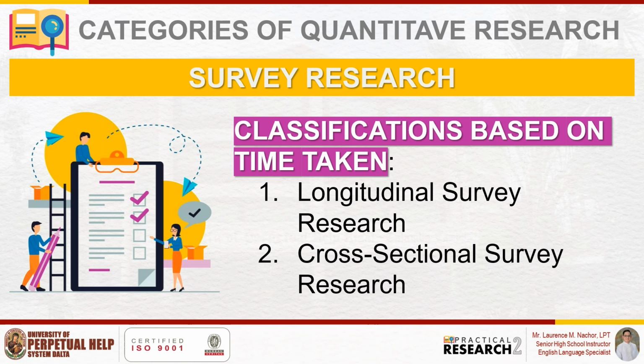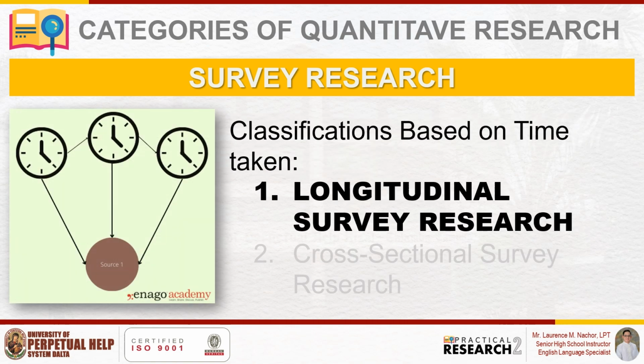So this time, let's come to the 2 classifications of survey research based on time taken. We have longitudinal survey research and cross-sectional survey research. The first one is longitudinal survey research. This involves data gathering accomplished within a long period of time, which may be spread across decades and years.